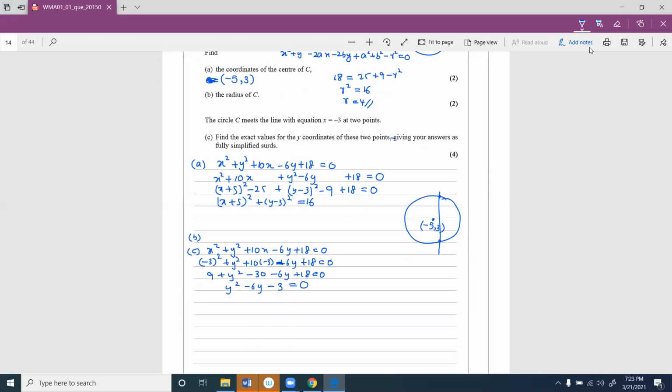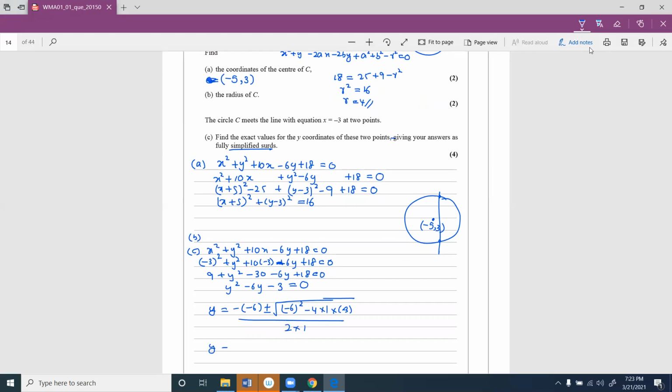They mentioned to give the answer in simplified surd form, so this is not factorizable. Definitely you have to use the formula: y equals minus b plus or minus the square root of b squared minus 4ac, divided by 2a.